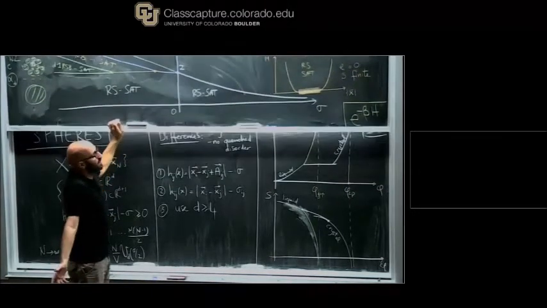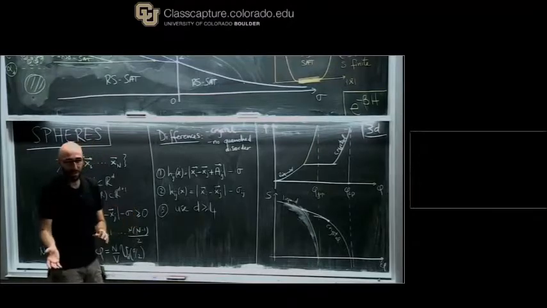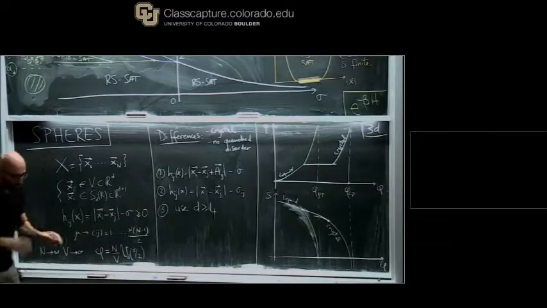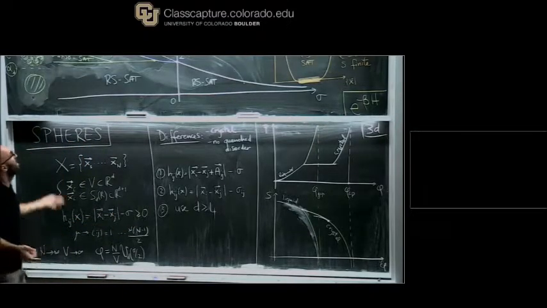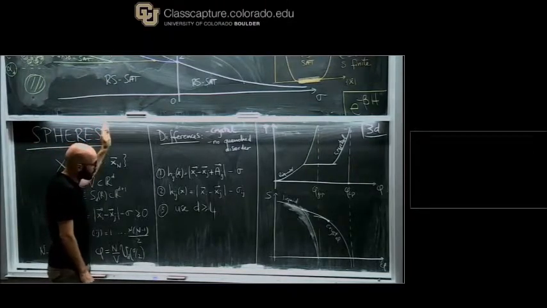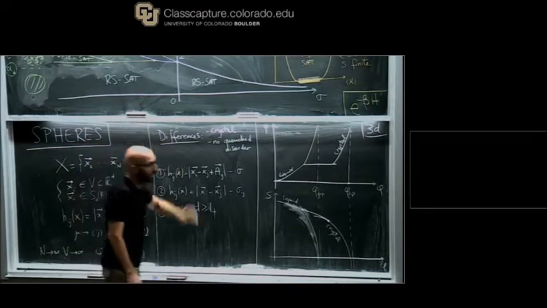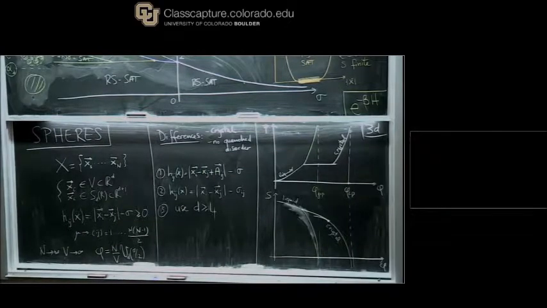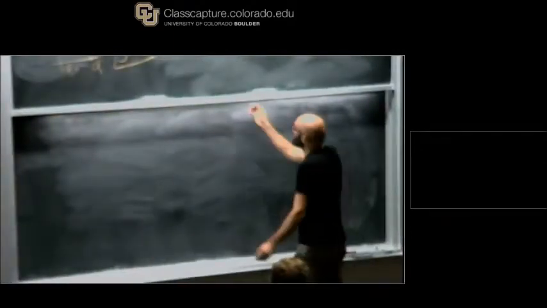Now, I'm not claiming that you need full RSB to be isostatic. There are examples where you are isostatic and you're not full RSB, but at least in this model, it always goes together, and actually also in the spheres, because what I didn't tell you is that, on top of all this, there is a Gardner transition.